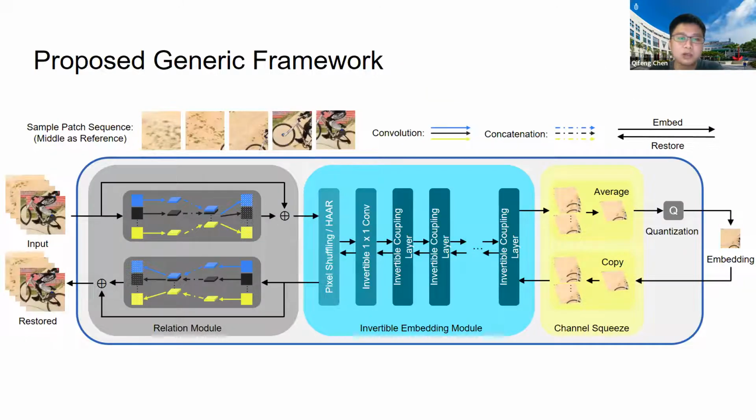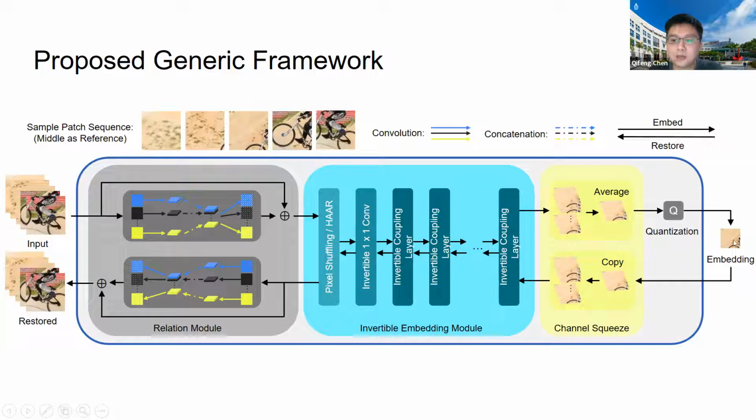So inspired by the previous work in image compression, we designed a general framework for this kind of task. Given an image sequence or a video, we first have a relation module to enhance the features in this image set or video, and then put them through an invertible embedding module using a similar trick.